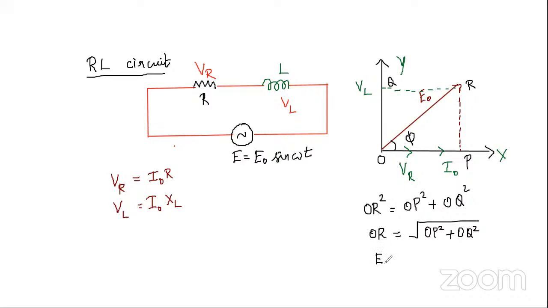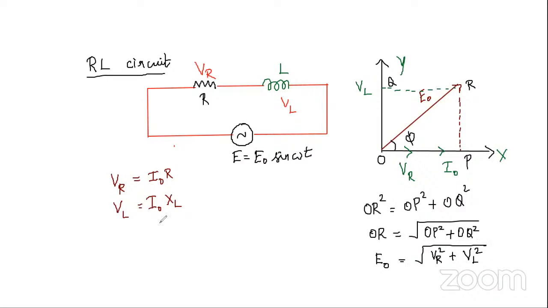That means this OR is nothing but E naught. E naught is equal to the square root of OP squared plus OQ squared. OP is nothing but VR, and OQ is nothing but VL.